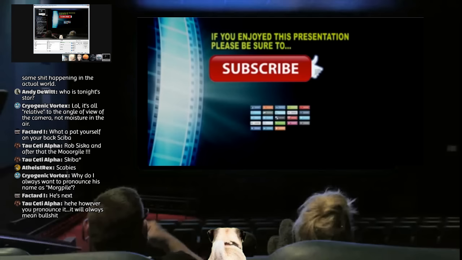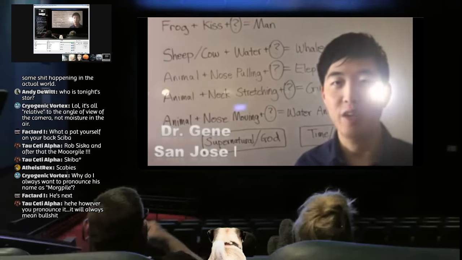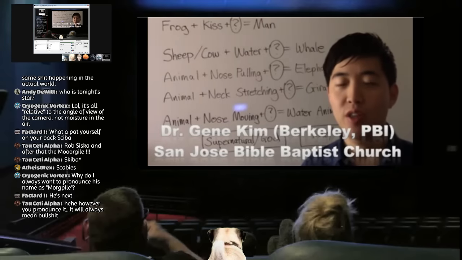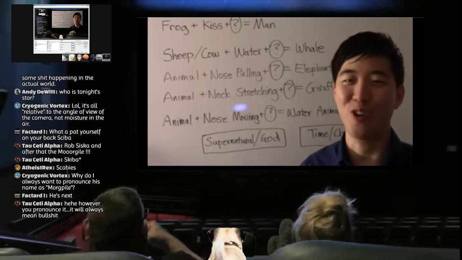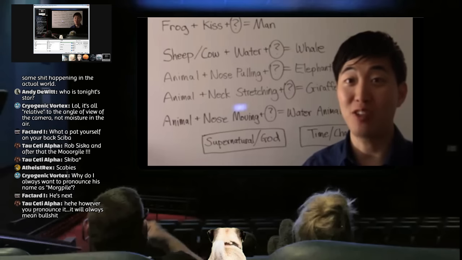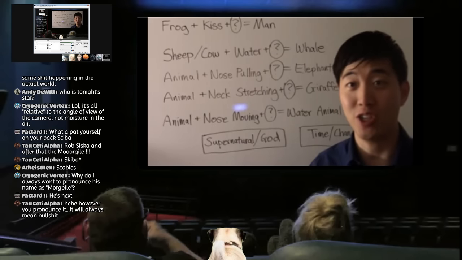Hello, this is Pastor Gene Kim from San Jose Bible Baptist Church. A lot of atheists and evolutionists, they'll try to say to you, oh, so you believe that Jonah was swallowed by a whale? How many animals can fit inside Noah's Ark? Jesus turned water into wine. Oh, he raised himself from the dead. You believe some magic being created the whole universe in just 6 days, just like that.